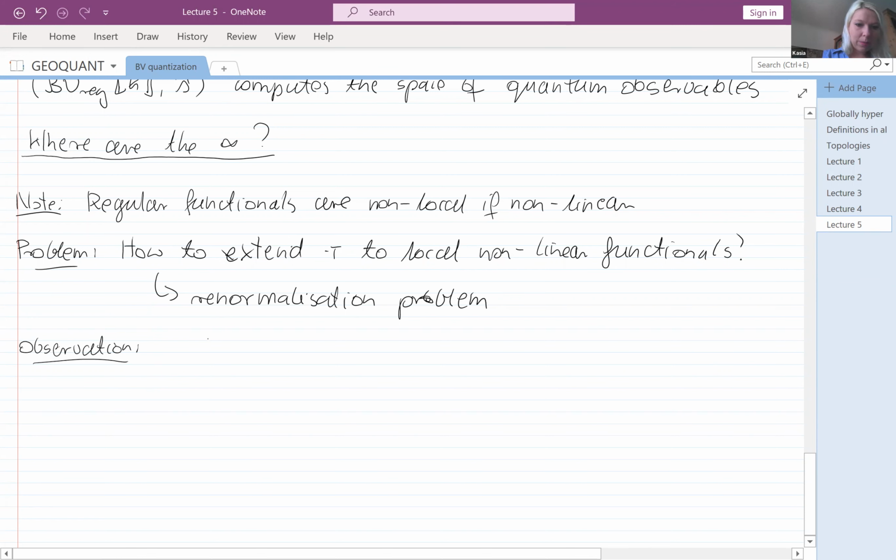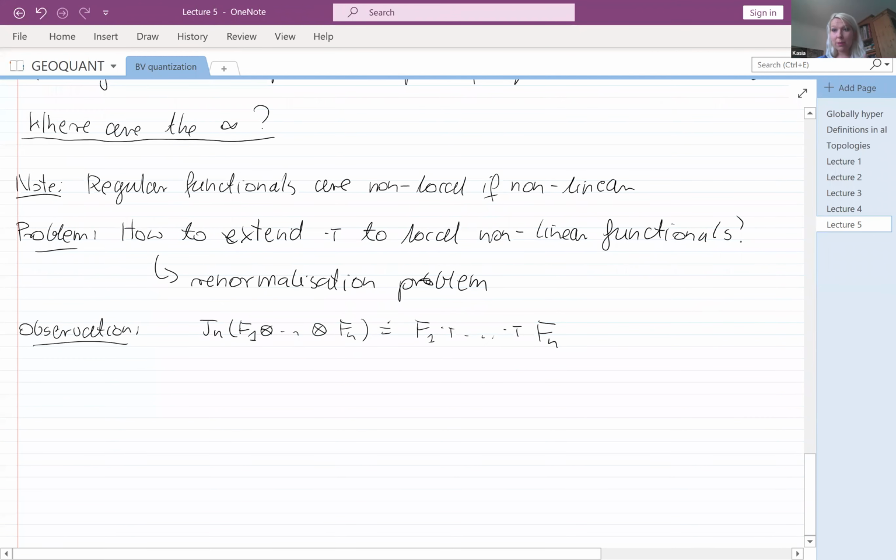So let me define Tn of F1 to Fn as the time-ordered product of these n arguments. And this is well defined for local Fi's as long as their supports are disjoint.